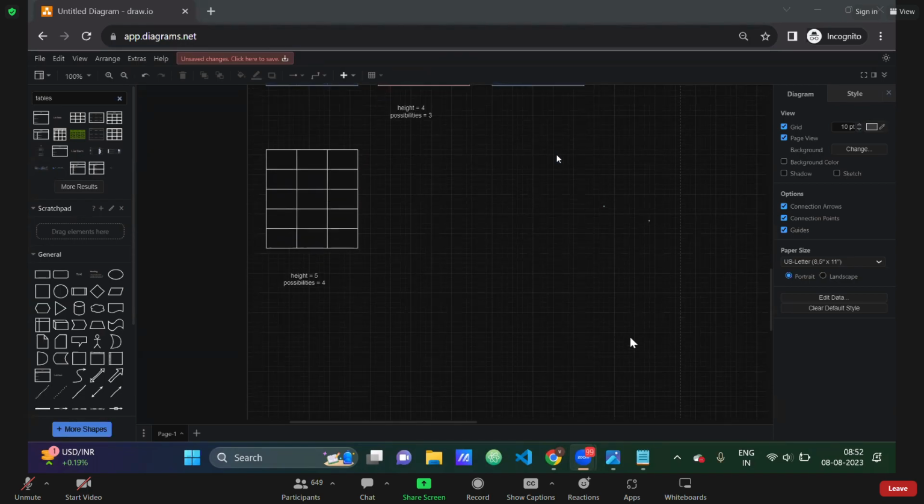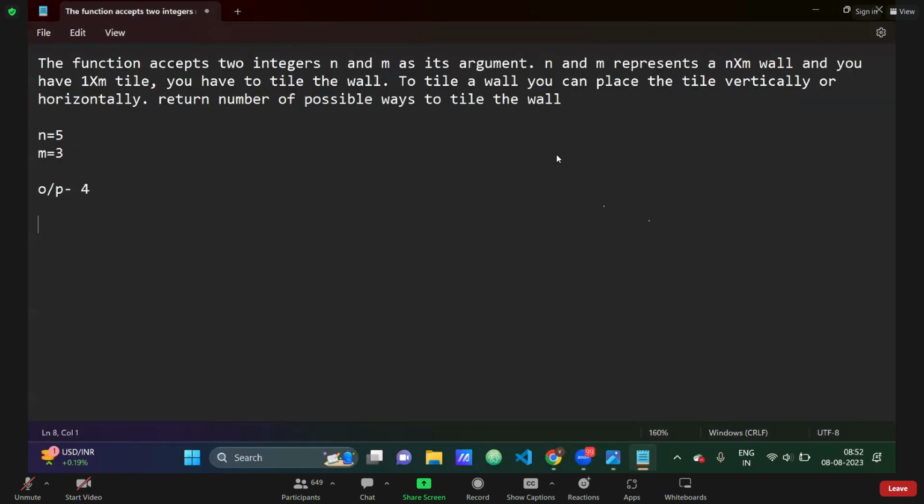So look here, for example, you have 1 cross 4 tile, height 1 and 4 width. So for height 1, you'll be having one possibility. Height 2, one possibility only. For height 3, one possibility only.